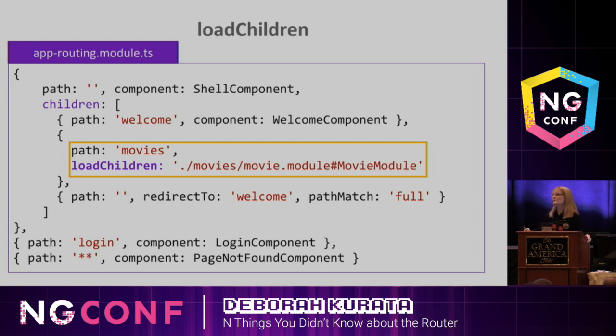The reason we give it a string is because we do not want any references to our movie module in our app module, anywhere in our main bundle, because we don't want the build process to pull in the movie module as part of our first initial app module. In the string, we specify the path, and we give it a hash and then the name of the class. So our class was called MovieModule.